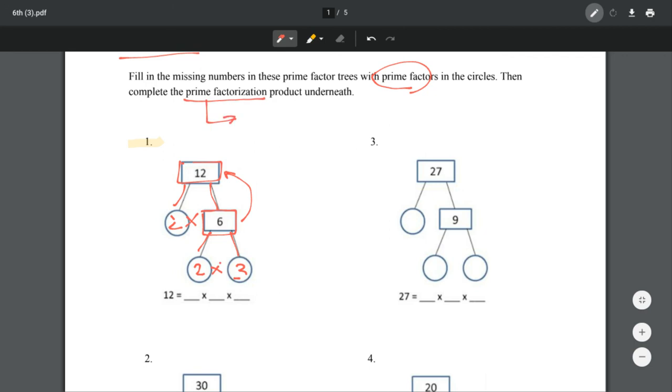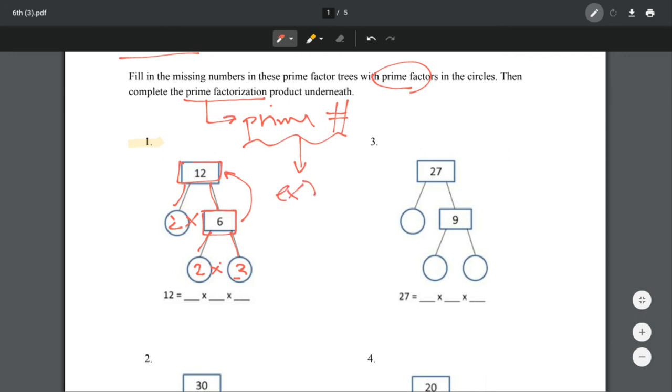Let's revisit what prime factorization is. Prime factorization is finding which prime numbers multiply together to make the original number. And a prime number is a number that is not a product of two smaller numbers.